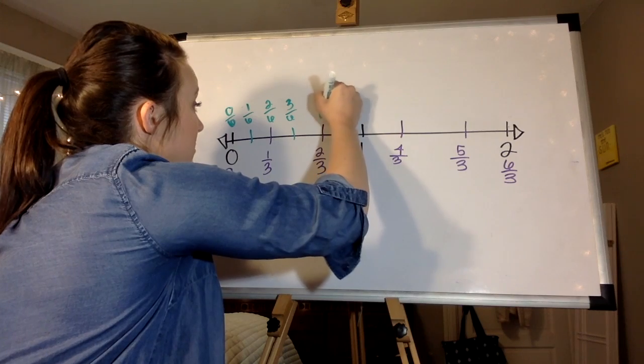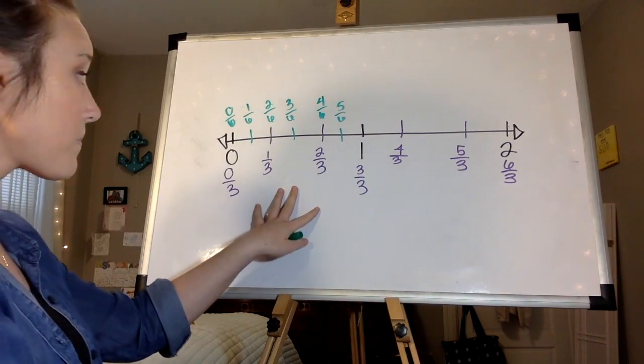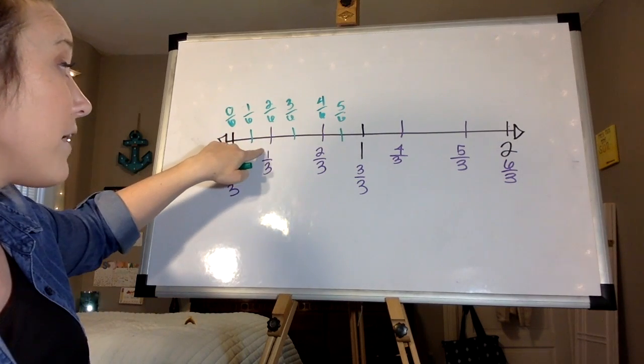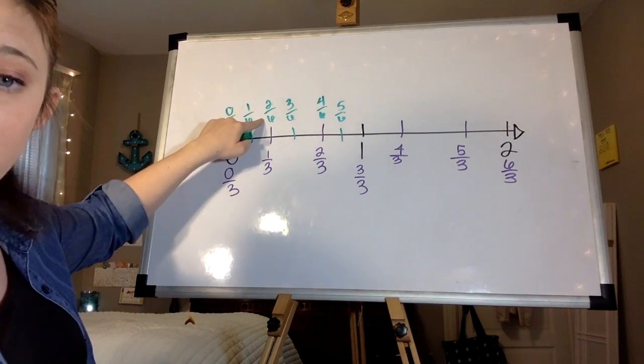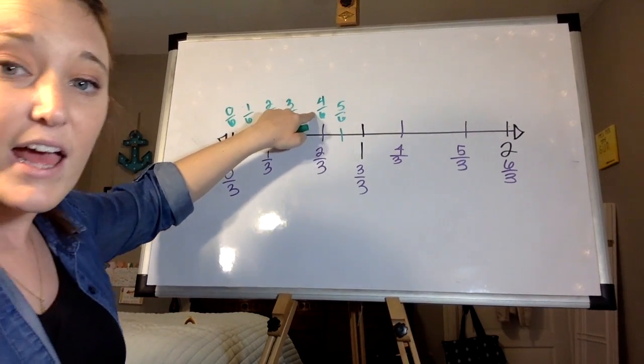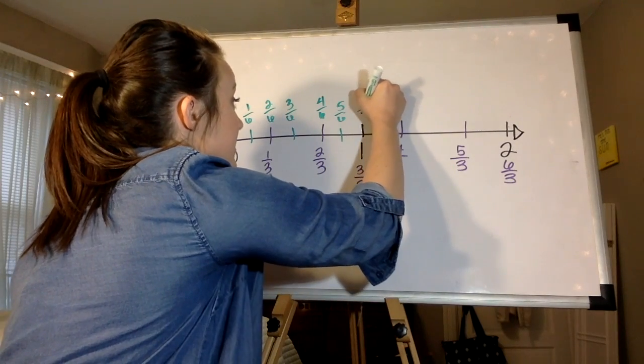Then I've got 4 sixths, 5 sixths. So if you see, some of my equal shares are sharing the tick marks with my thirds. So like 1 third is equivalent to 2 sixths, 2 thirds is equivalent to 4 sixths, and then 1 whole is also equivalent to 6 sixths.